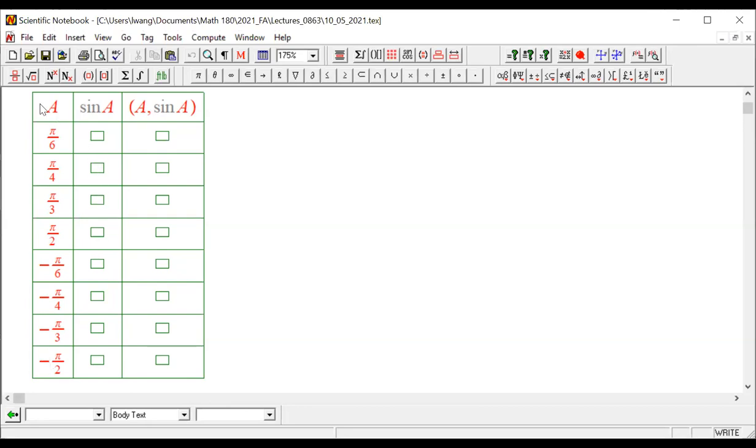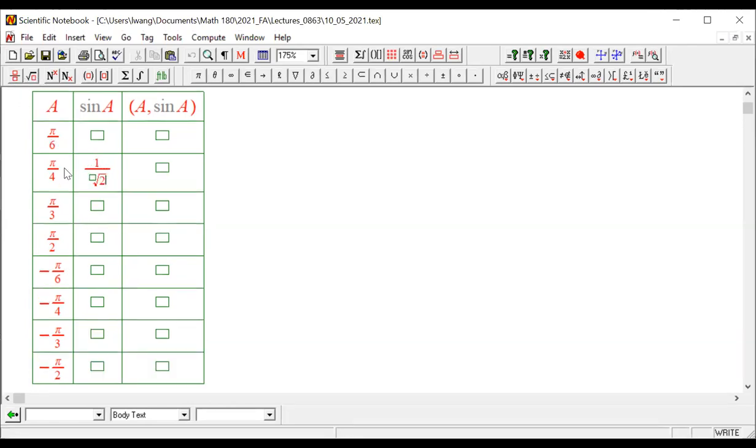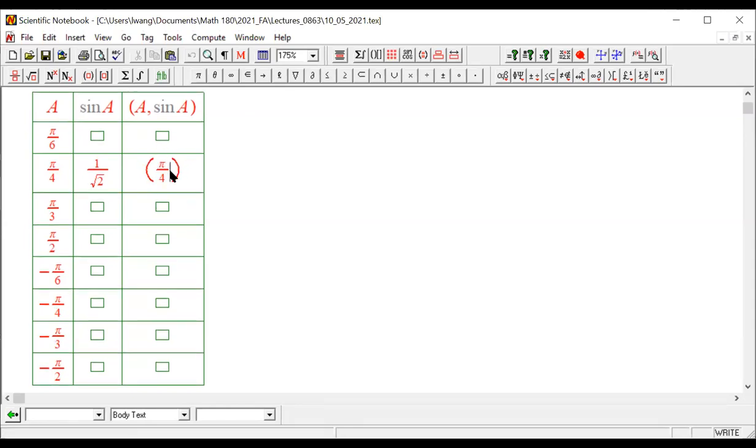Okay, so I'm going to take an example. Sine of pi over 4 is √2 over 2, or 1 over root 2, the blue numbers, right? The blue numbers. So this point is going to be pi over 4, comma, 1 over root 2.